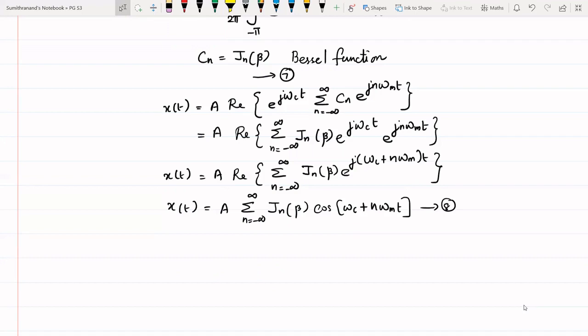Here we have taken the real part in this equation, so that you will get x of t as a into sigma n is equal to minus infinity to infinity Jn beta cos omega c plus n omega m t. This we have obtained a series expansion for FM, and from this equation the spectrum of FM signal can be represented easily. Now let us see the spectral properties.